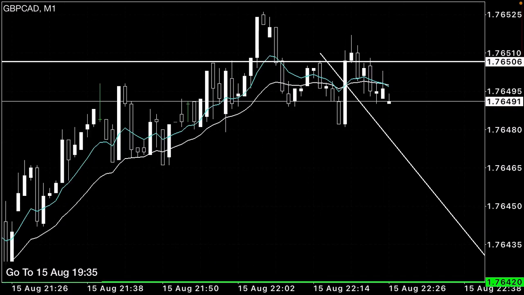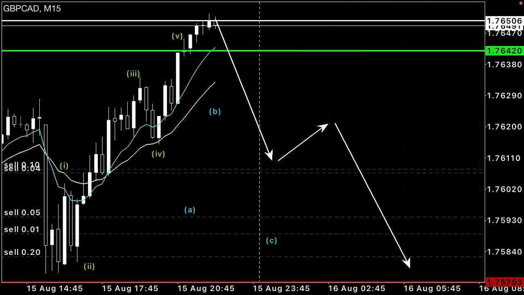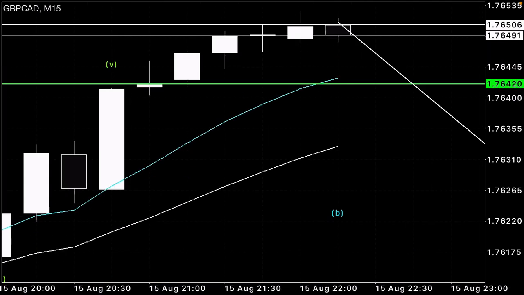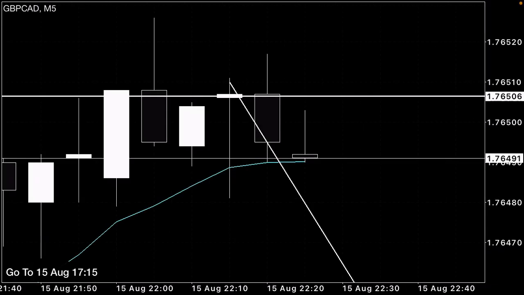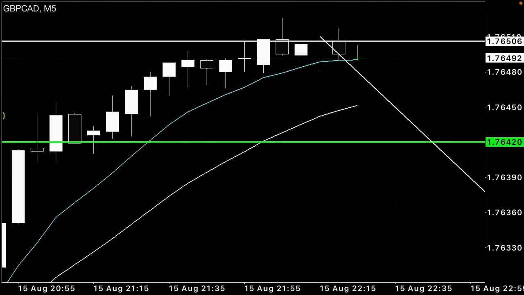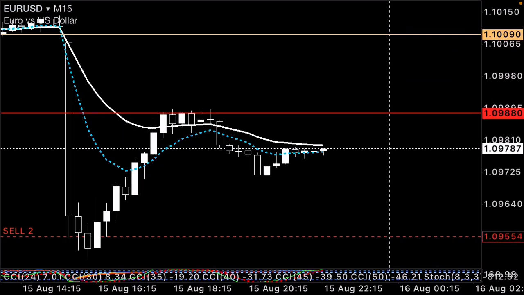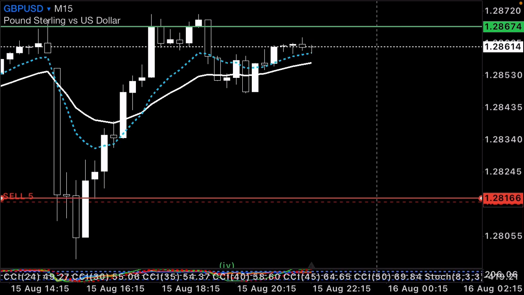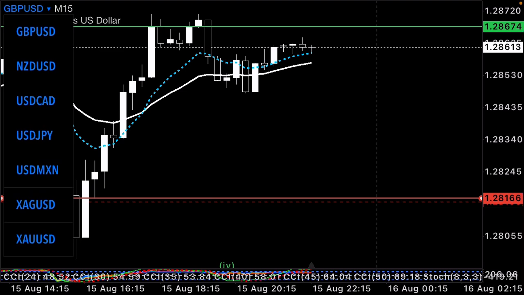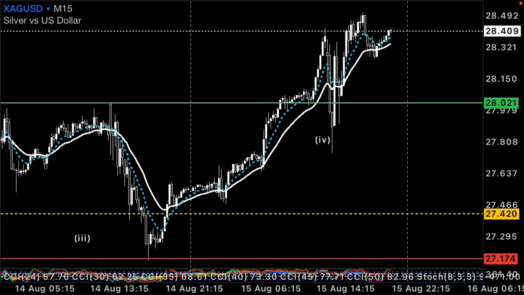There it is. I'm looking at it from the 15. It's just sitting up there at the top. There's the 5 minute. And there's a 5 minute on the euro again. 5 minute on pound. And then looking at silver, kind of wanting to keep going up.